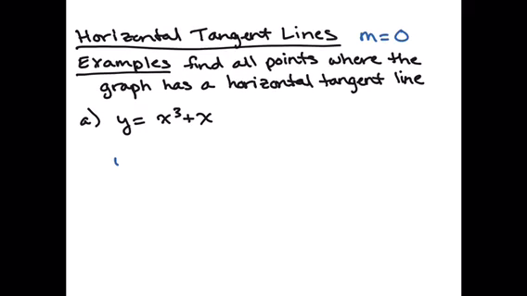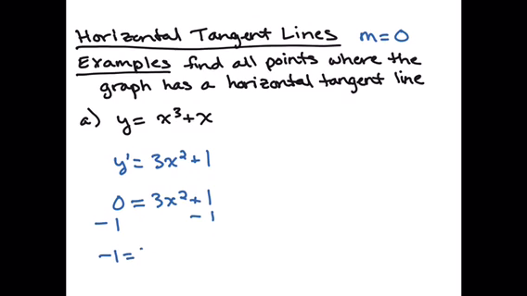So the derivative of x cubed plus x is 3x squared plus 1. Then we want to set that equal to 0 because that would be the slope of a horizontal tangent line. And we're going to solve for x.